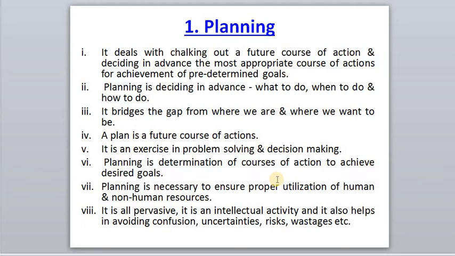That means wastages will also be reduced. Confusion, uncertainties, risk and wastages will be reduced if we have a proper line of action, a proper planning of the particular project. So planning plays an important role. This was the first principle of management, that is planning.